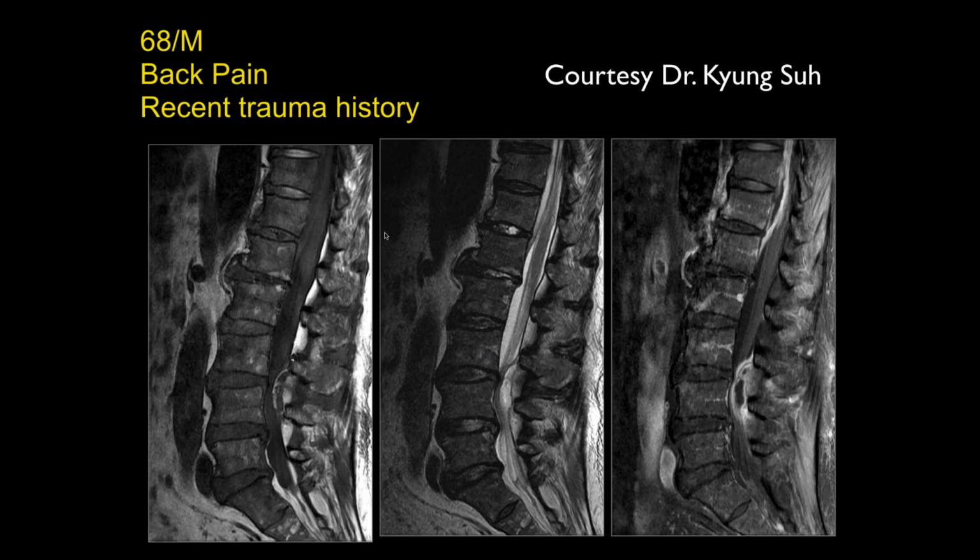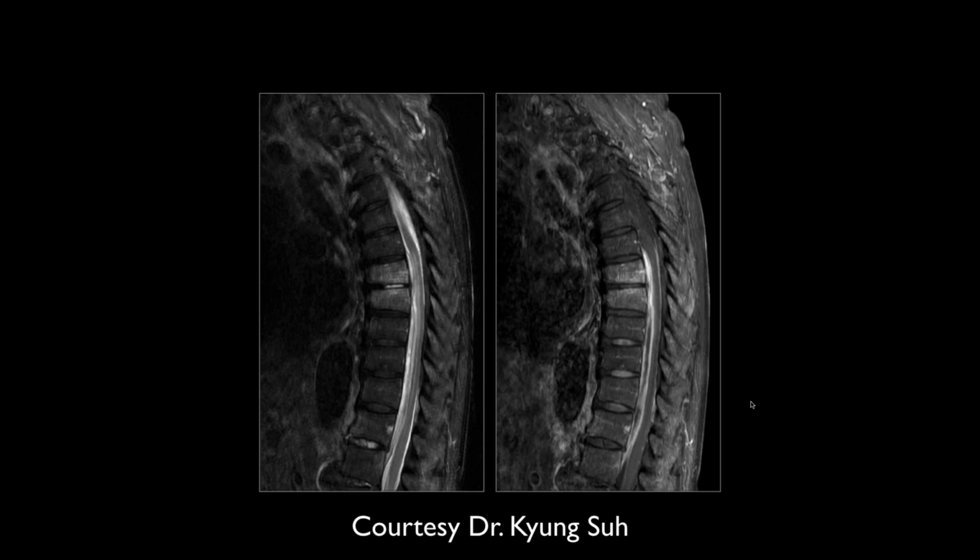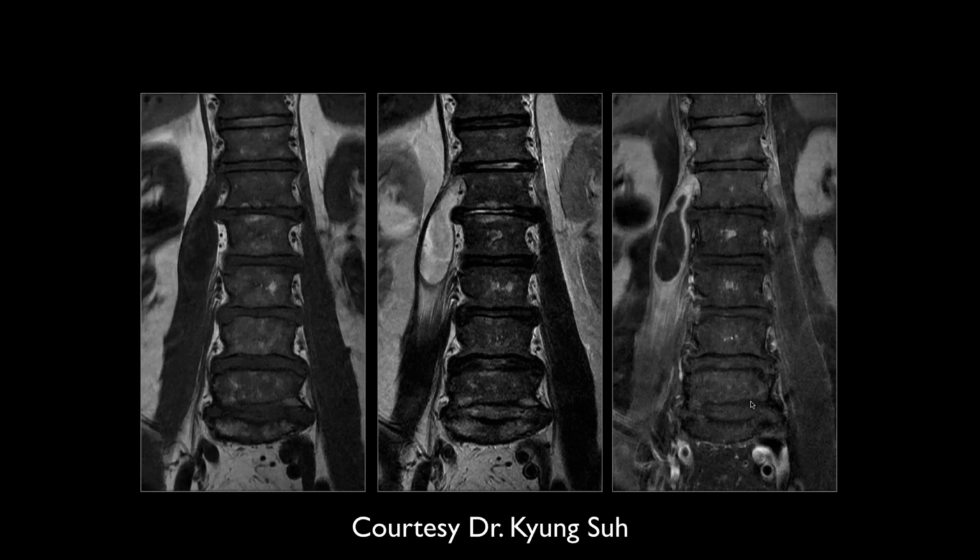Okay, Shiv? Okay, 68-year-old man, back pain, recent trauma history. So it looks like there's an epidural collection sort of at the level of L4, and it's enhancing peripherally. I'd be worried about an abscess. And up top, it looks like another 2 levels have some hyperintense signal within them, the thoracic vertebral body.